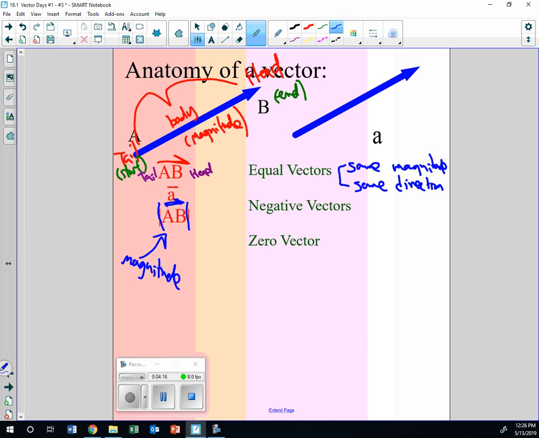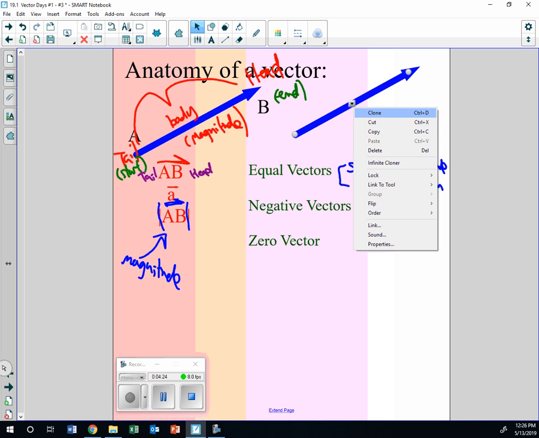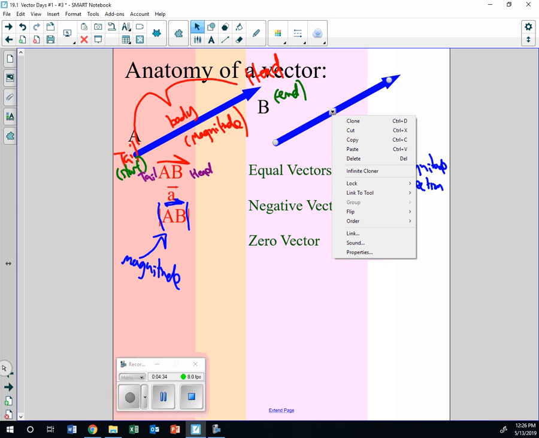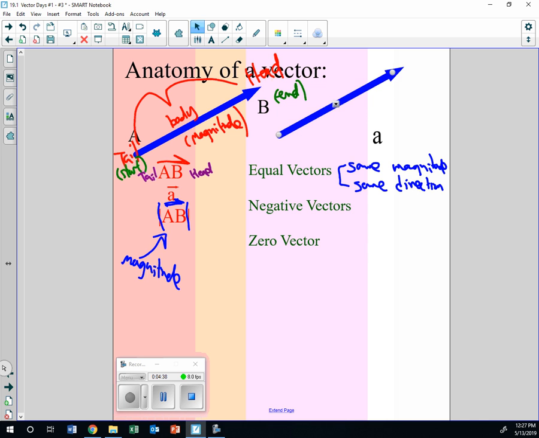Now, to be negative vectors, like, let's do this one here. Okay, so if I take this one, I thought I made another one. I guess I didn't. Clone it.